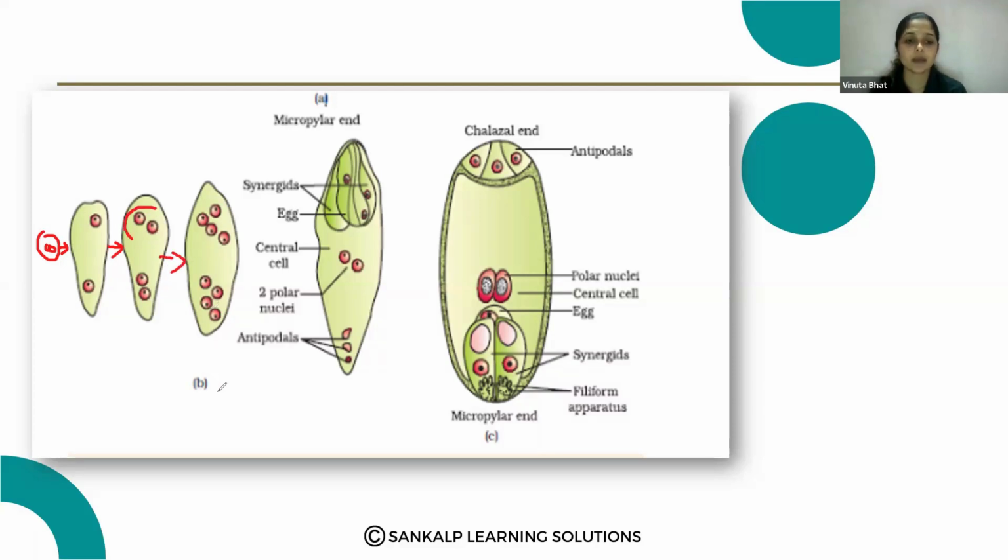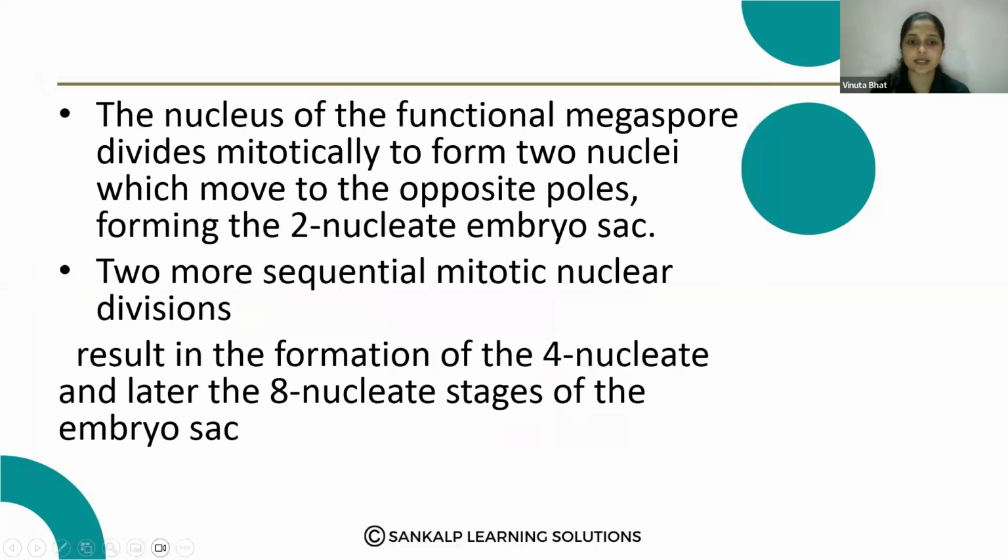then the 8-nucleate embryo sac. After this stage, an arrangement of the nuclei within the cell takes place. See here, this forms the 8-nucleate embryo sac. Total 8 nuclei are present, so it is called the 8-nucleate embryo sac.